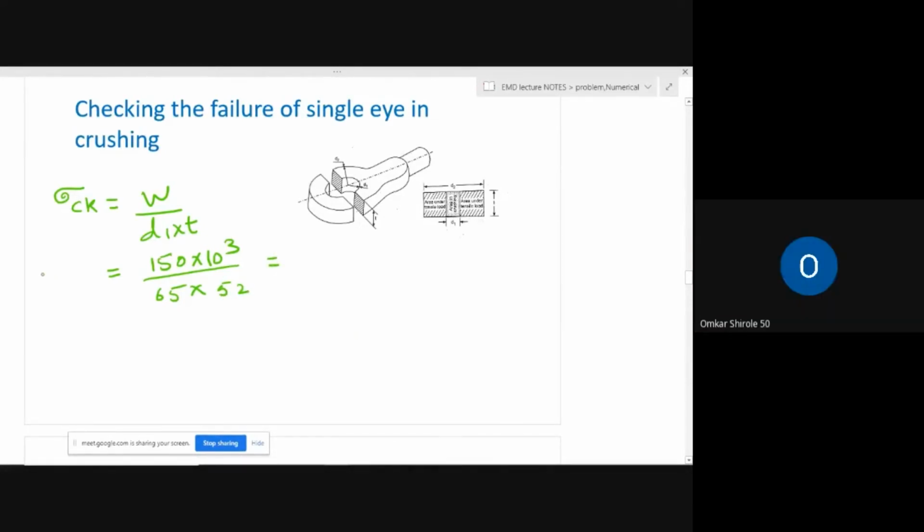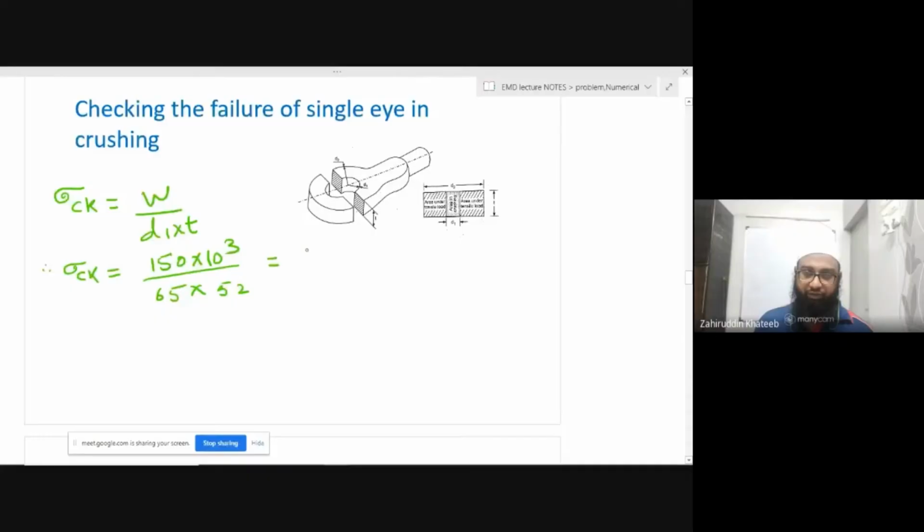Sir, same, 44.38. The answer is the same, 44.38 MPa. Again, see, the value of sigma ck permissible is given to us, so it is less than sigma ck permissible.